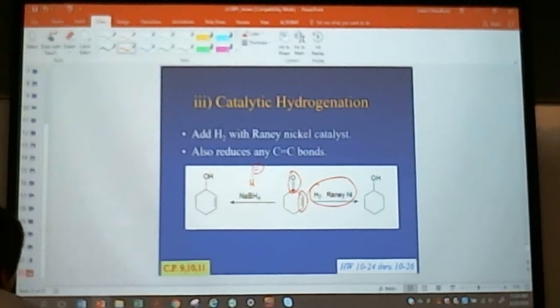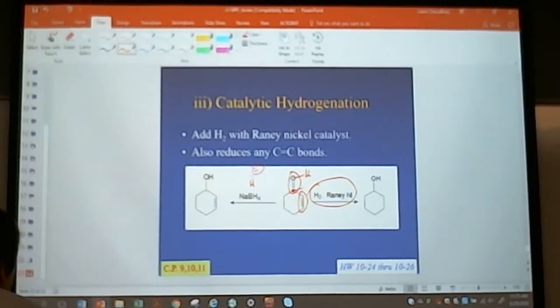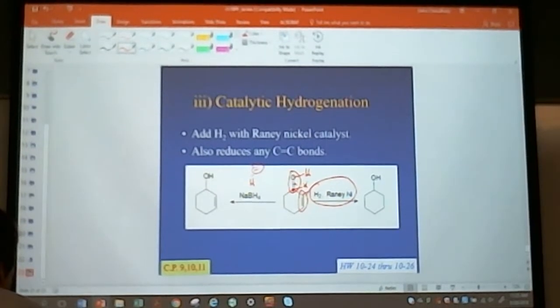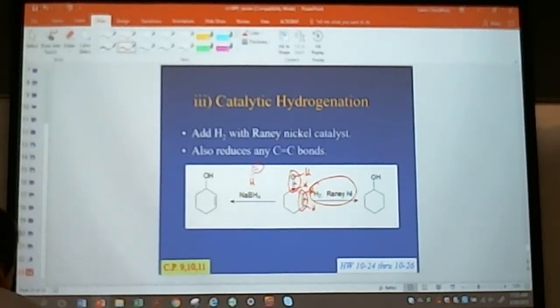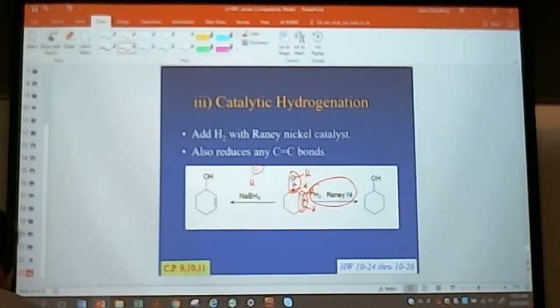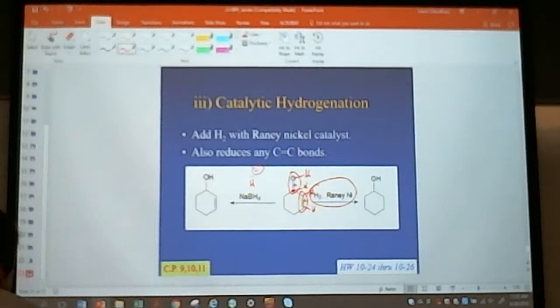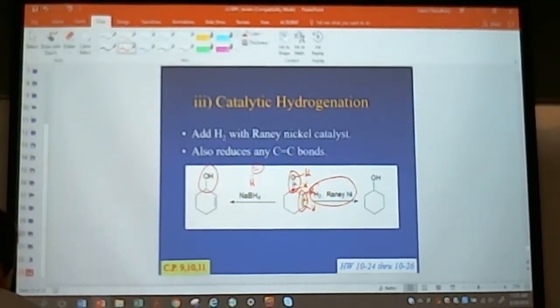So if I put this molecule in and hydrogenate, both this double bond and this double bond are going to be reduced. But if I put sodium borohydride, only this portion is going to be reduced, and the carbon double bond carbon is not going to be touched at all.